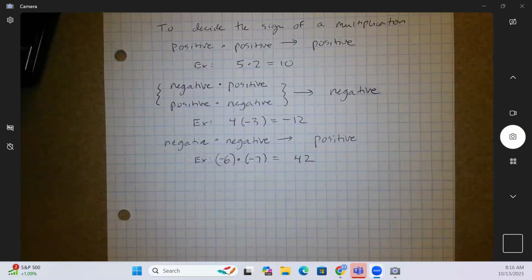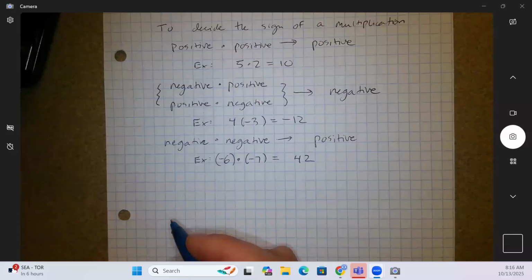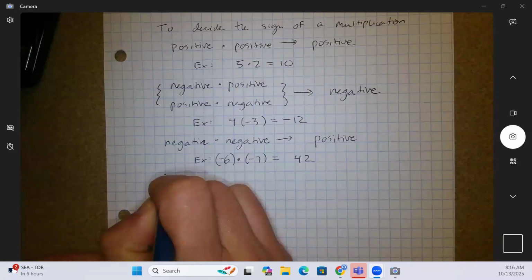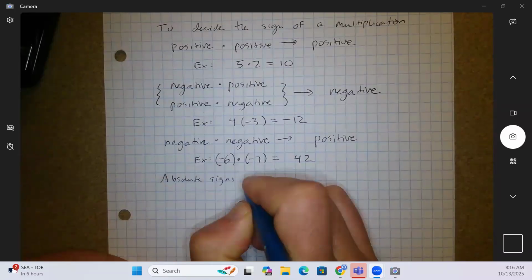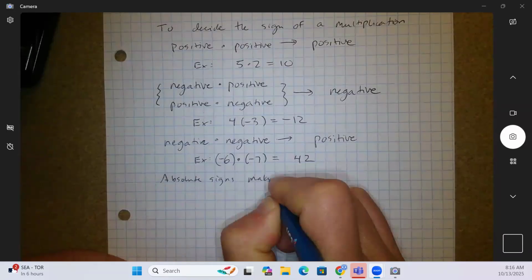And then there's an absolute value rule, but that just says absolute values always end up making things positive. And so I don't actually feel the need to write that down. That's somewhere else in our notes. Well, I'll write down absolute value symbols, not signs.